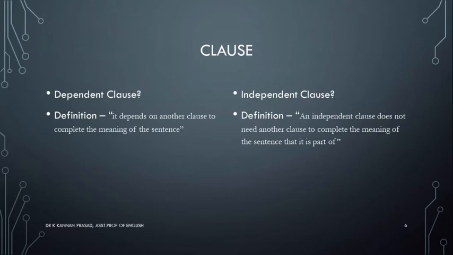An independent clause does not need another clause to complete the meaning of the sentence that it is part of. For now, just remember the definition of dependent and independent clause by associating the meaning to the words dependent and independent.